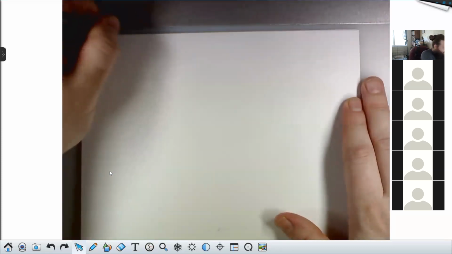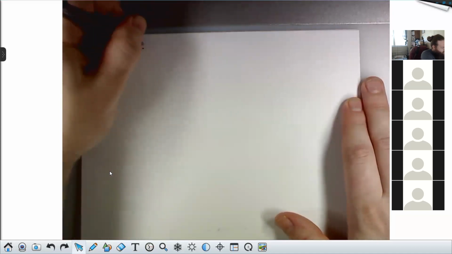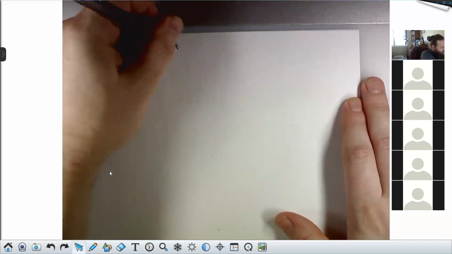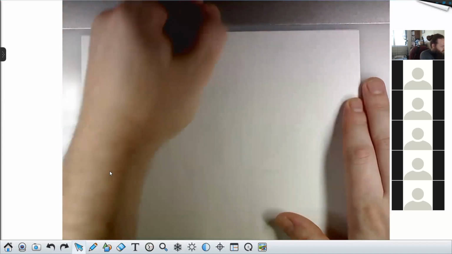This is section 2.2, graphs of functions.